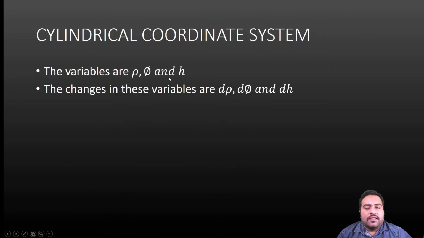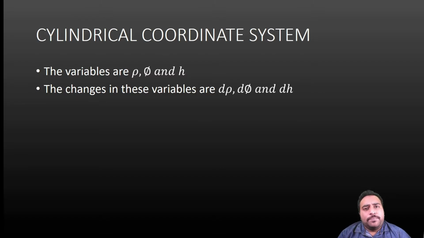Now, let us look at the cylindrical coordinate system. In the cylindrical coordinate system, the variables are rho, phi, and h. And the changes in variables are, as you know, independent, and they are d rho, d phi, and dh.